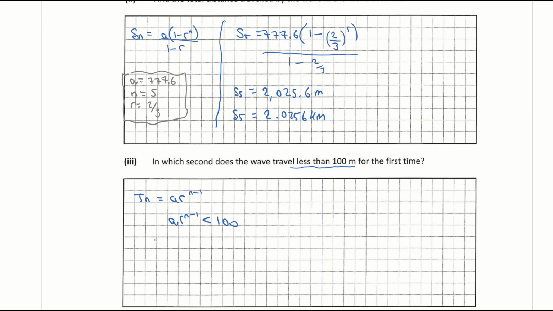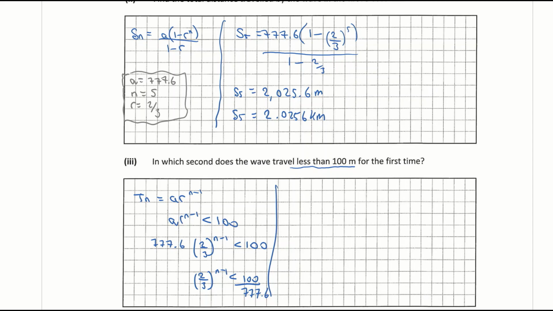Filling in everything, my A is the first term, 777.6. My r is 2/3, and my n minus 1, well, n is what I'm trying to solve for, but less than 100. I'm going to divide across by 777.6, so that's 2/3 to the n minus 1 less than 100 over 777.6.